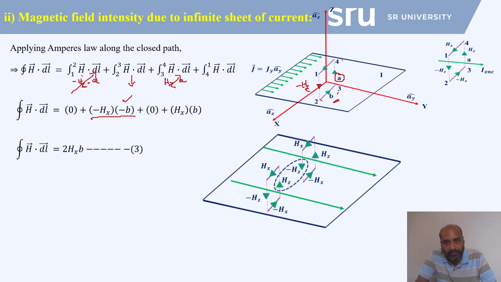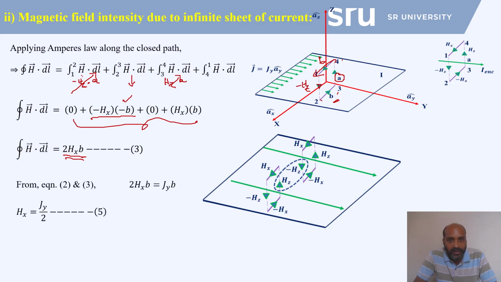And for the 4 to 1 path, this is exactly the defined x direction, so both will be positive. So this is in the x direction and the length will be b, so hxb. So the total value on the right hand side will be 2hxb, which is equal to the magnetic field intensity over a closed path, right?